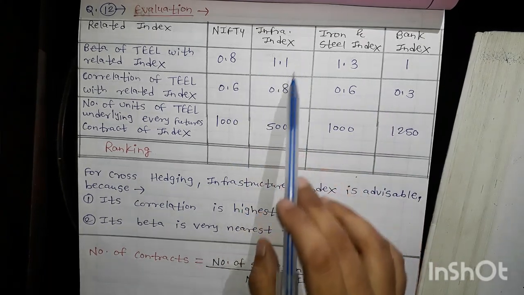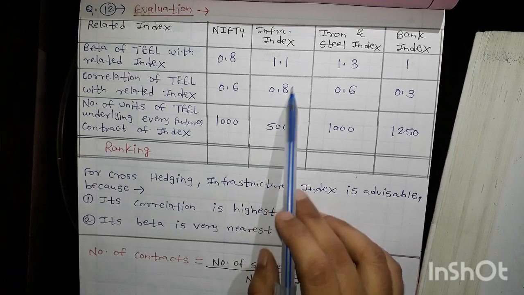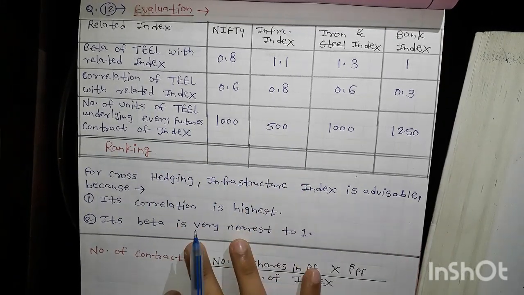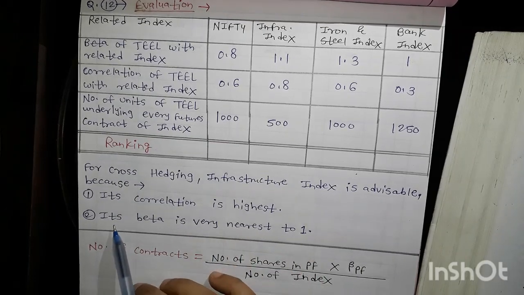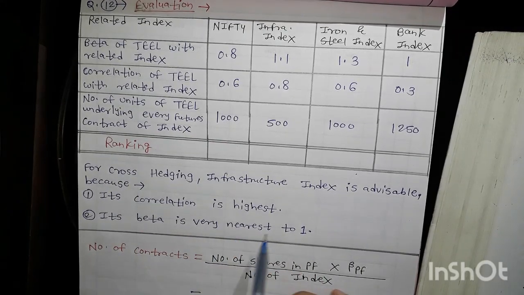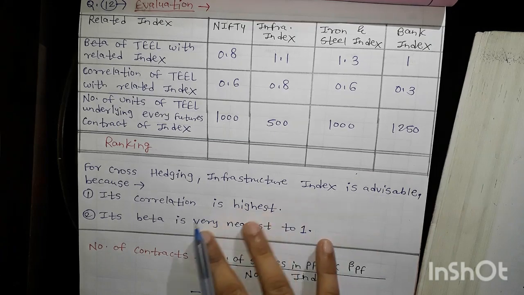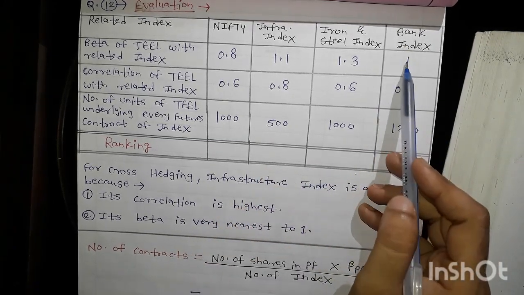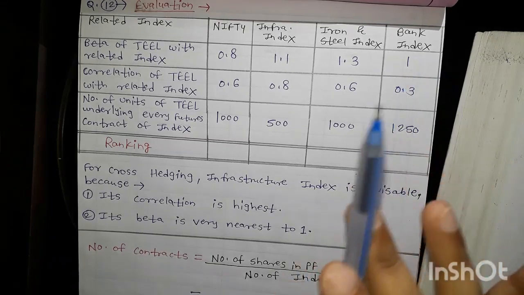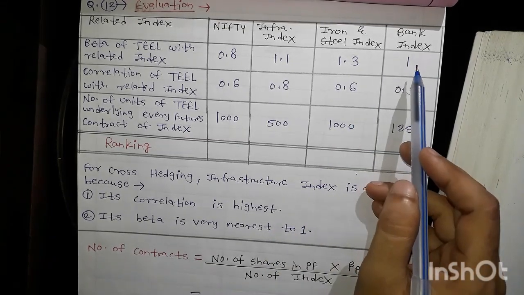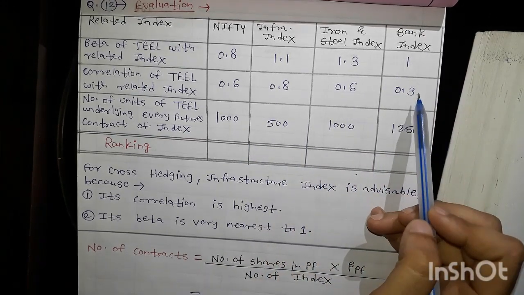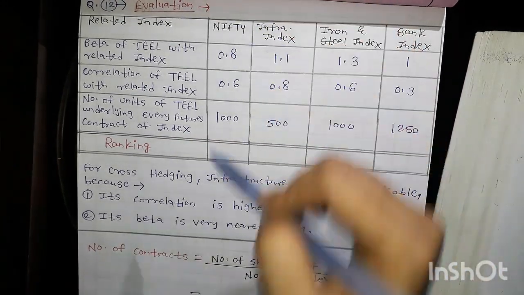So correlation is most important, and it is highest in the case of the infrastructure index. This is the first reason to select the infrastructure index, and the second reason is that its beta is very near to 1. Normally beta should be nearest to 1. Here the bank index beta is perfect, that is 1. This is good, but the problem is that the correlation is very low. So we will analyze both things.